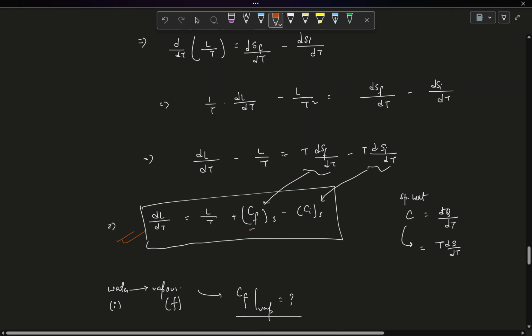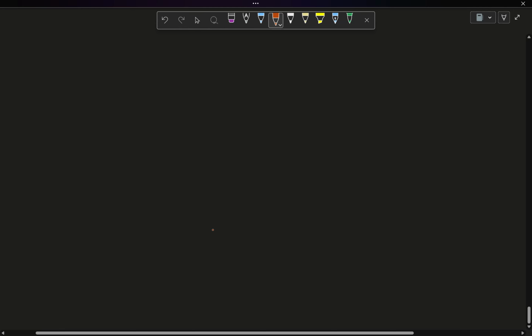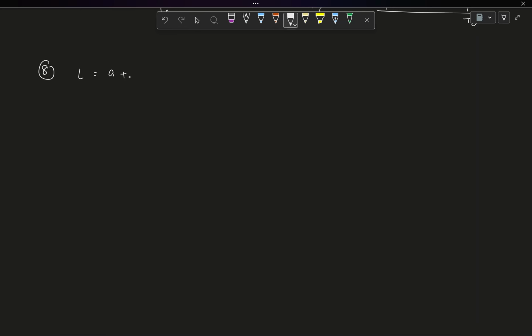You can see there is a difference in specific heat. From here you can take it out, and the rest of the part you can know from the information given to you, dL by dT and L by T. These are the parts that you can take from the question itself. So question number 8 is L equal to A plus BT plus CT squared.